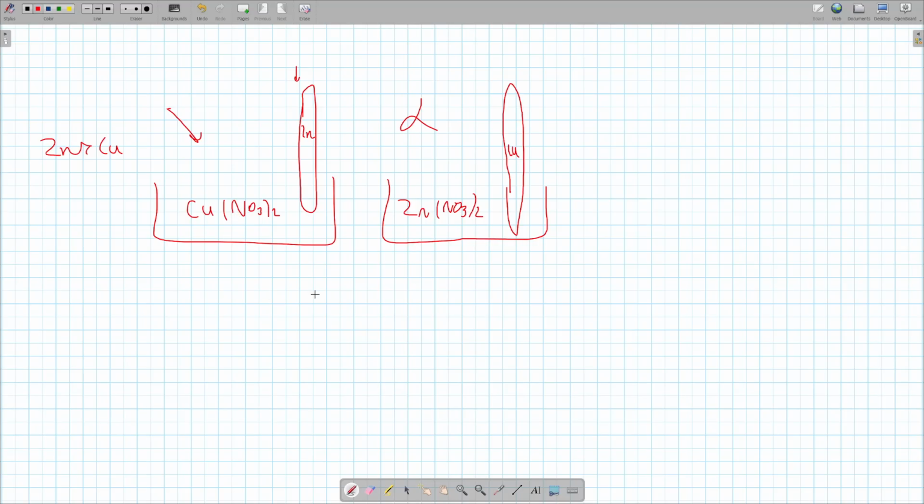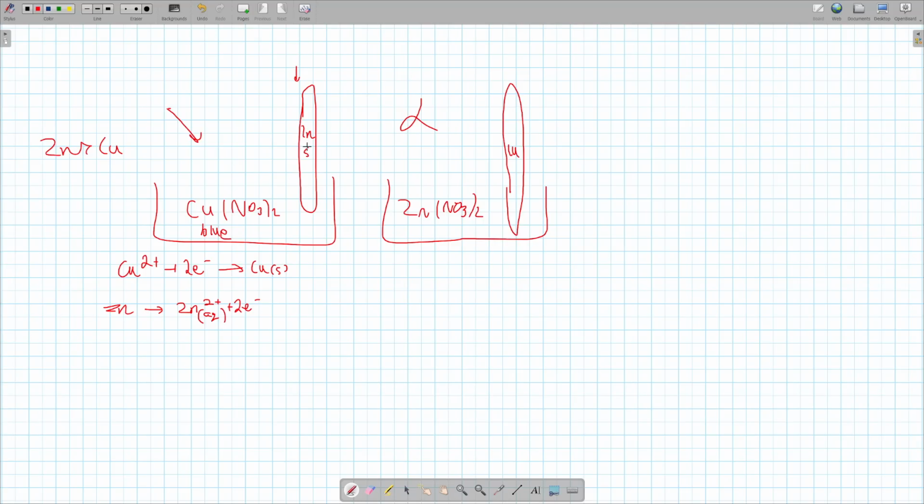I don't know why it's not in the notes, but basically copper nitrate is blue. So when you have the zinc, the zinc begins to displace it. Basically, Cu2+ gains 2 electrons and becomes solid Cu, and this Zn loses 2 electrons and becomes aqueous.